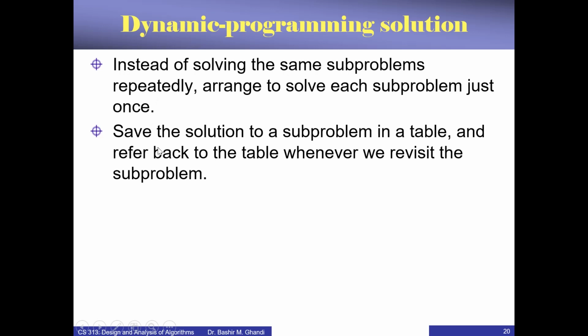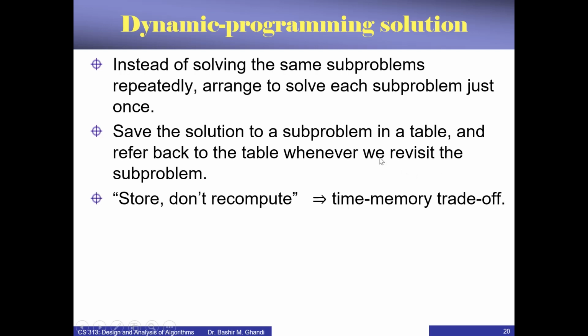In other words, the general term in DP is store, don't recompute. This is a classical trade-off between time and space. We're going to use space to save our previous solutions, so that we don't have to recompute them, and therefore we are saving time.